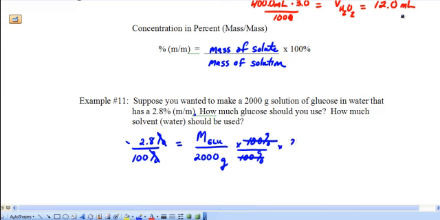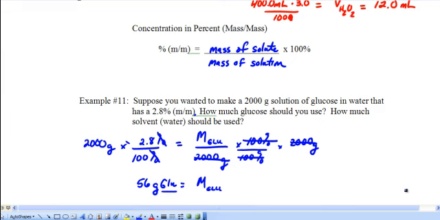We're going to multiply the 2,000 grams over to the other side. These entire terms divide out. And what you're left with is the mass of the glucose equaling 2,000 times 2.8 divided by 100, which equals 56 grams of glucose.